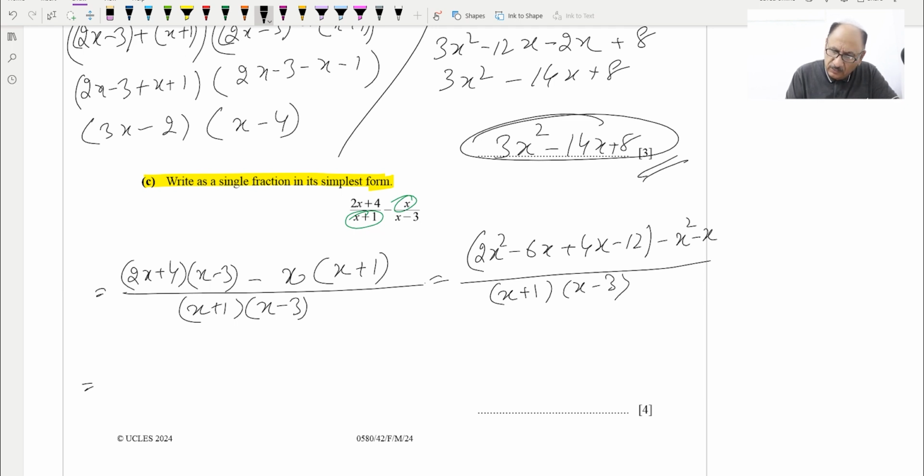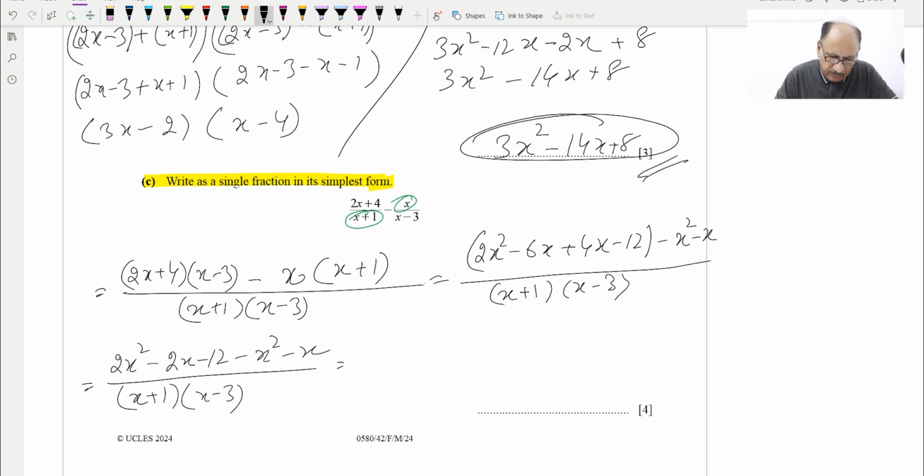Now we can add the like terms, so it will be 2x square minus 2x minus 12 minus x square minus x over x plus 1 and x minus 3. Further we can simplify, so 2x square and x square we can write x square, and minus 3x, minus 12, divided by x plus 1 and x minus 4.